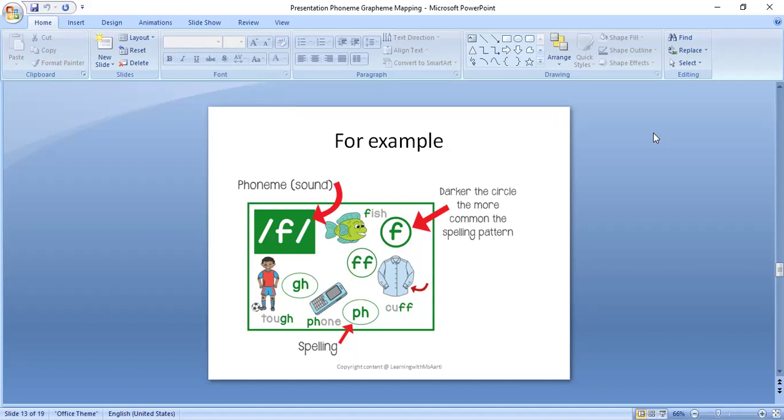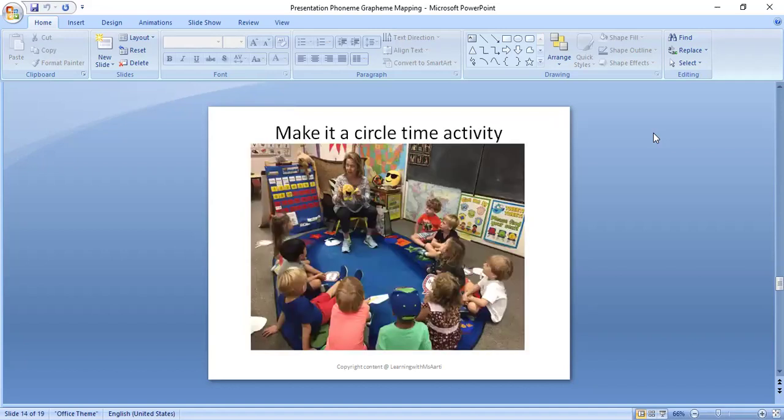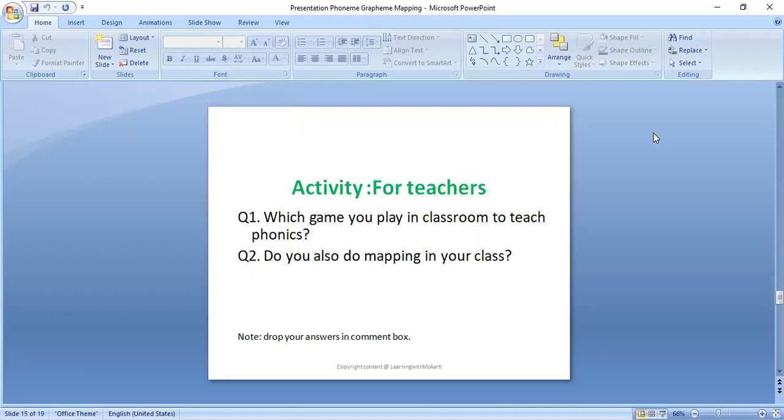It is a single one, but for spelling, it will show changes. So we need to understand the examples well. Make it a circle time activity. Always try to do phonemes or phonics in your circle time. It will really help children to enjoy.